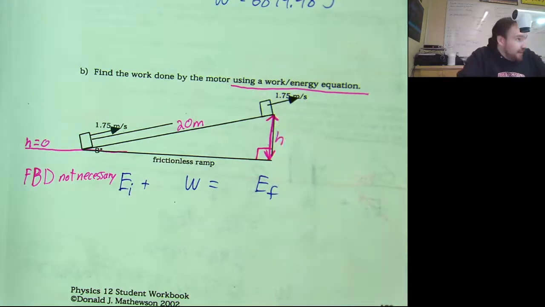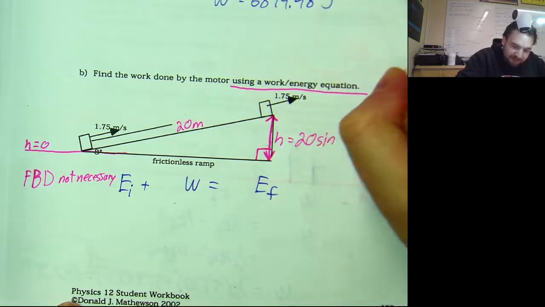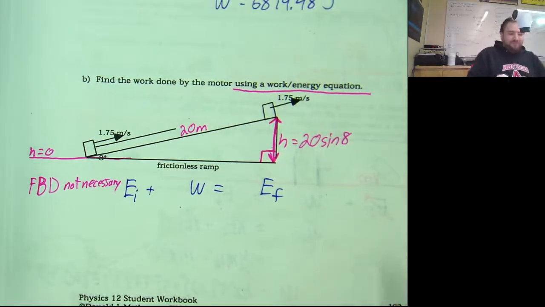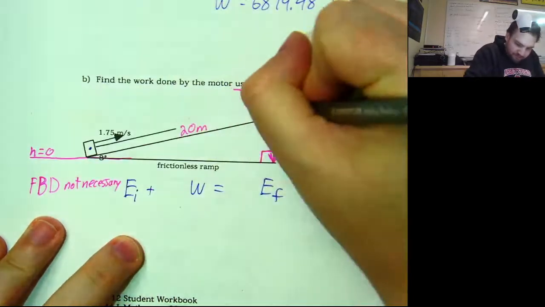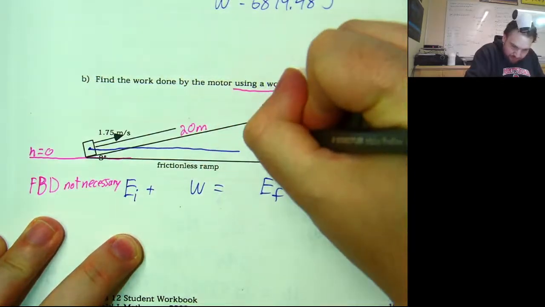So what's the height? What height is our object at? Sine 8, and I'm going to leave it like that. And Blake, if we're going to get even more picky, it's not the height of the bottom left corner I should be concerned about, it's what height? The height of the center of mass. So this is actually the triangle we should be concerned with here.